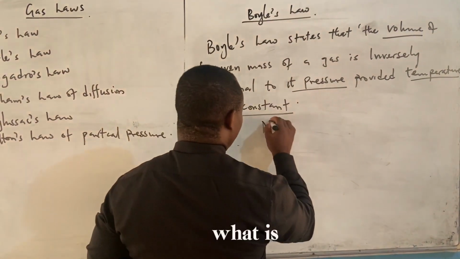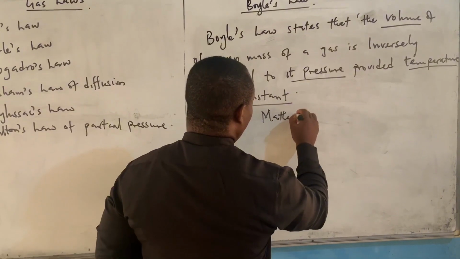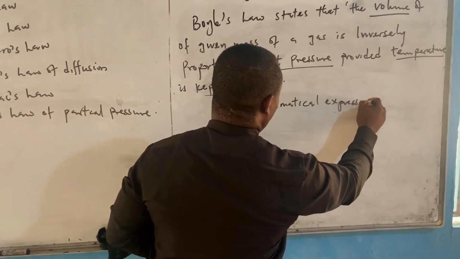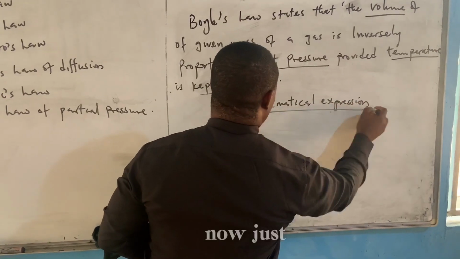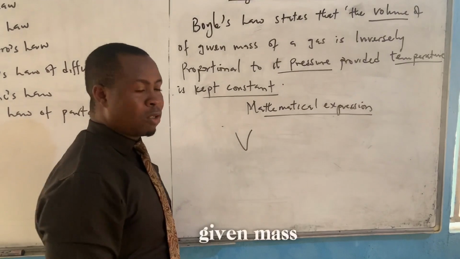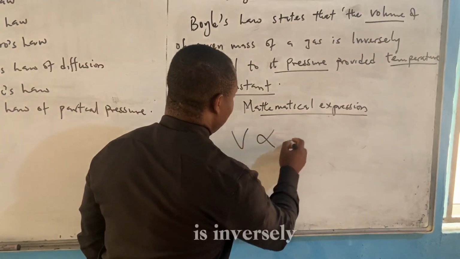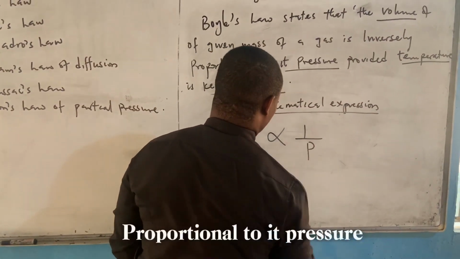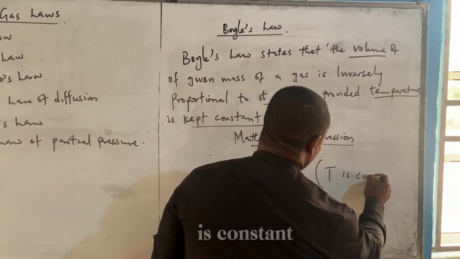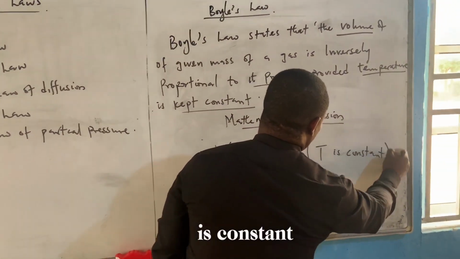So what is the mathematical expression? Now, just from the law, the volume of a given mass of a gas is inversely proportional to its pressure, provided temperature is constant.